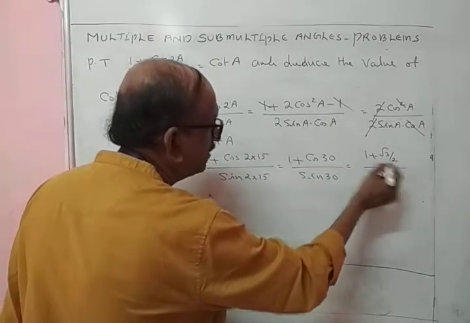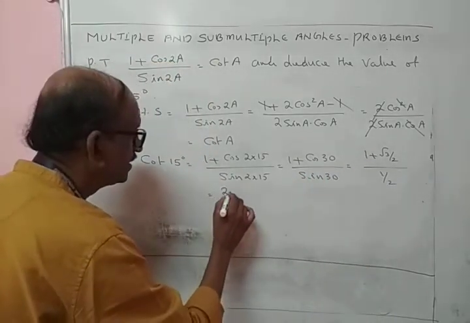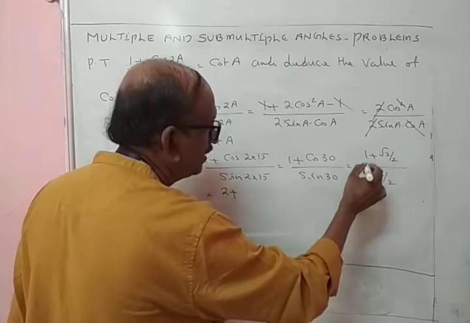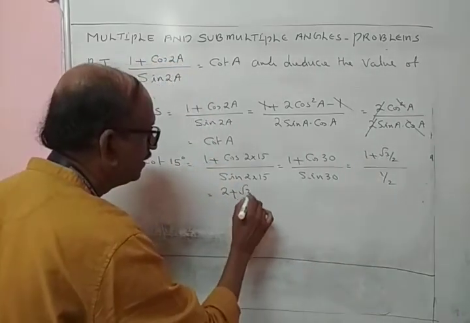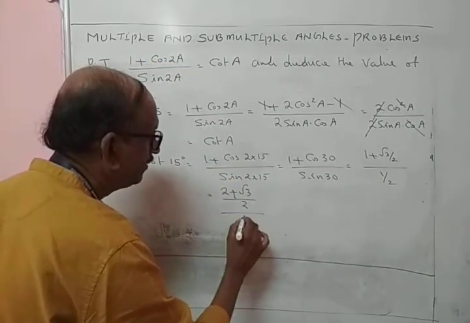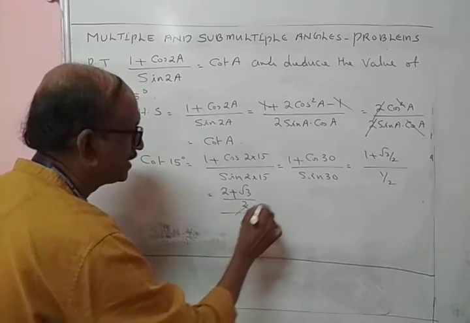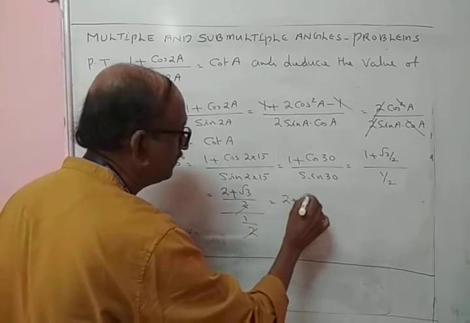Cross multiplication, 1 into 2 plus root 3 by 2 by 1 by 2. 2 got cancelled. Answer 2 plus root 3.